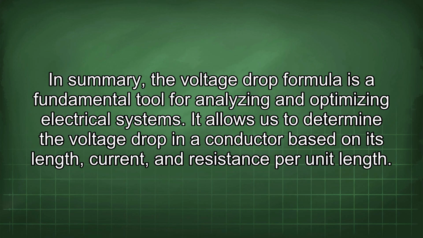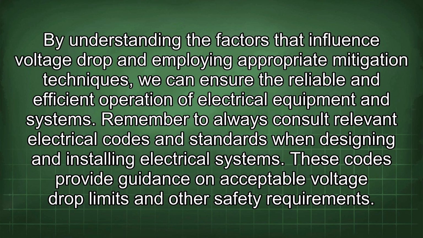In summary, the voltage drop formula is a fundamental tool for analyzing and optimizing electrical systems. It allows us to determine the voltage drop in a conductor based on its length, current, and resistance per unit length. By understanding the factors that influence voltage drop and employing appropriate mitigation techniques, we can ensure the reliable and efficient operation of electrical equipment and systems.